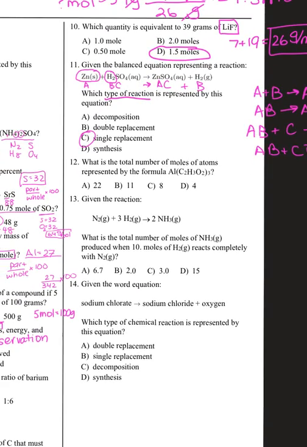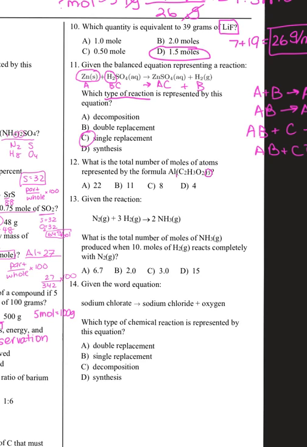Question 12. What is the total number of moles of atoms represented by the formula? Okay, so we're going to have to figure out the total number of atoms, right? And that's going to be our moles of atoms. Aluminum is 1, and we have this subscript of 3. So 3 gets multiplied into all these things.